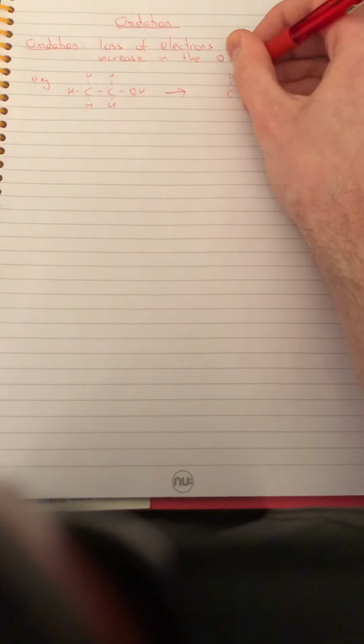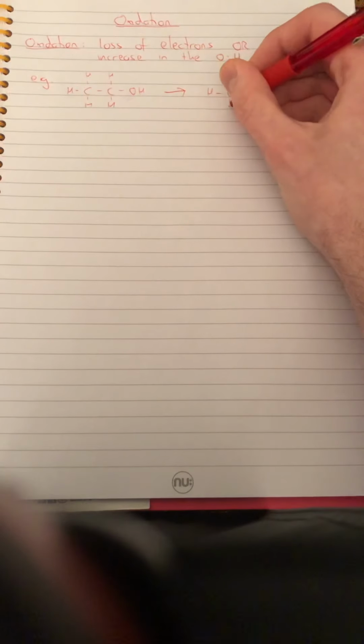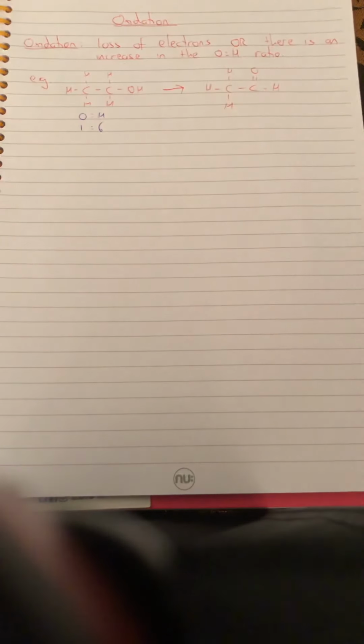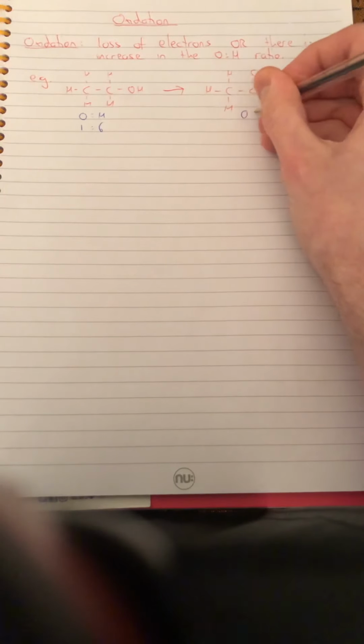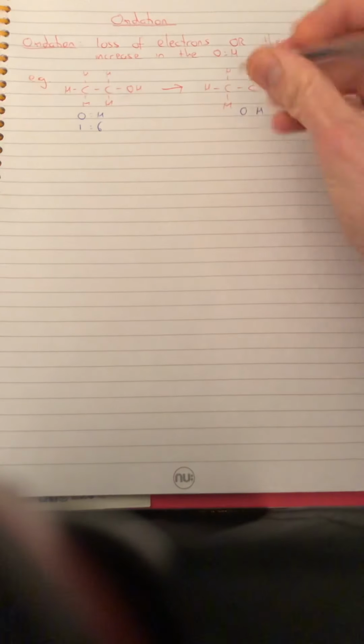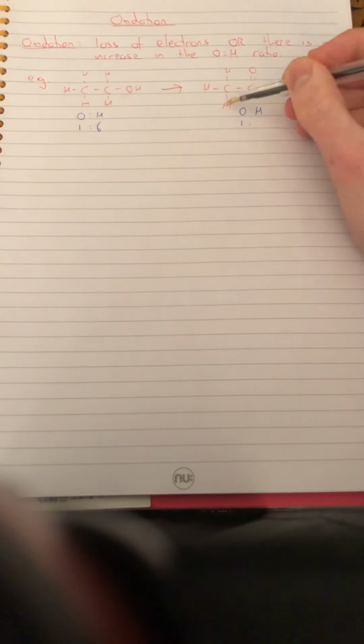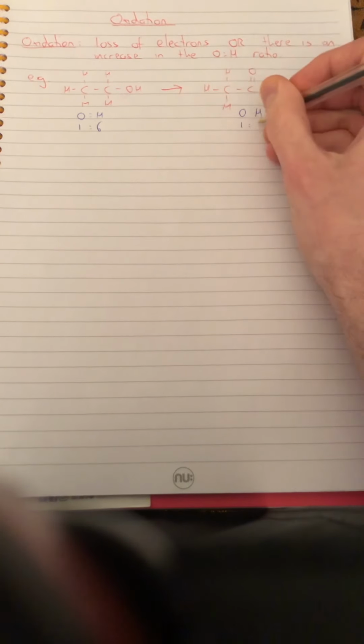Okay, so we're going from an alcohol to an aldehyde. The oxygen to hydrogen ratio, we've got one oxygen and we have 1, 2, 3, 4, 5, 6 hydrogens. The oxygen to hydrogen ratio here, we've got one oxygen, but we've only got 1, 2, 3, 4.